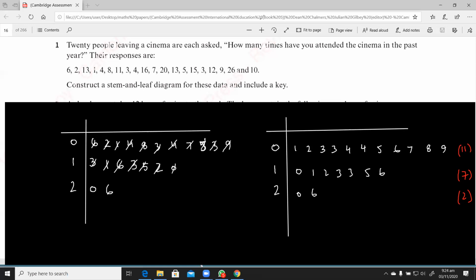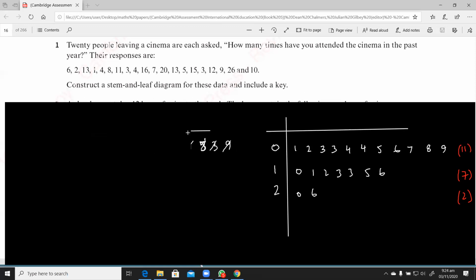Now, since I have to complete this, I'll be talking about how to find the median and the quartiles from a stem and leaf diagram, okay? Please see that when you have to find the median or the quartiles, you must remember that when we talk about the data, you may have raw data, which is not grouped data, okay?